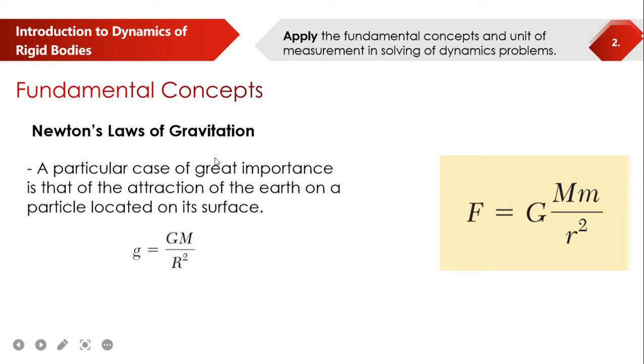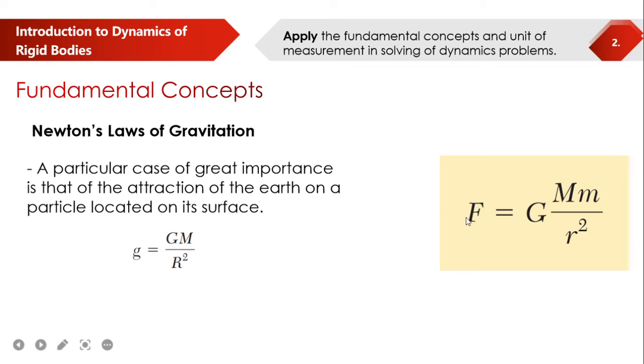Then your letter m, the small letter m here, is our mass, for example you, and the attraction from you to the Earth. So the mass of the Earth is the capital letter M, and your mass will be small letter m. The force here is assumed to be the weight, and this will be replaced by W as your weight.